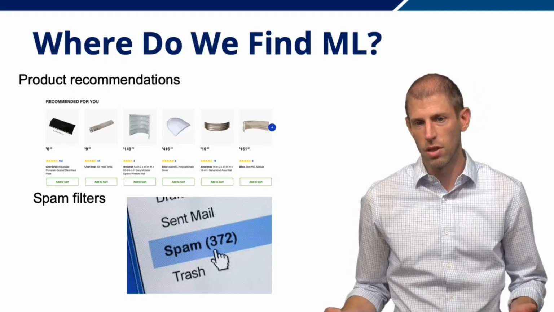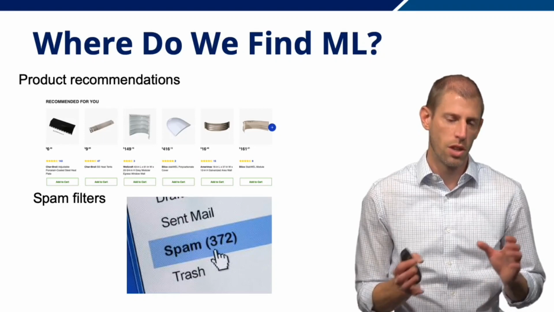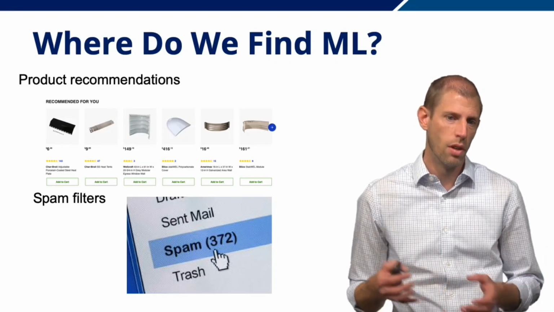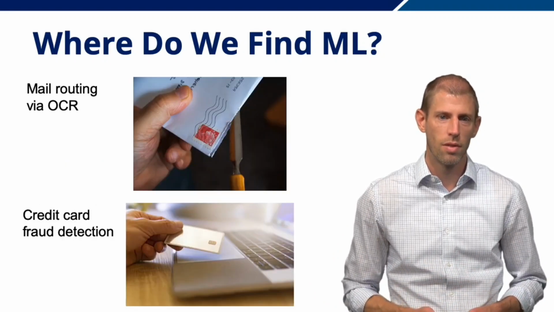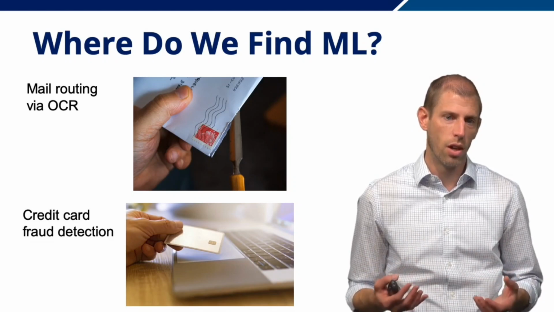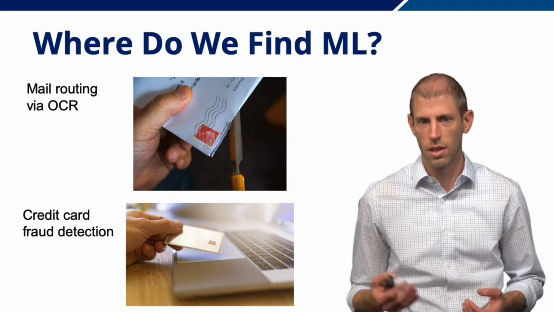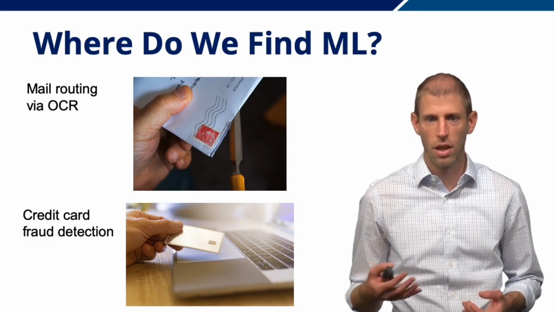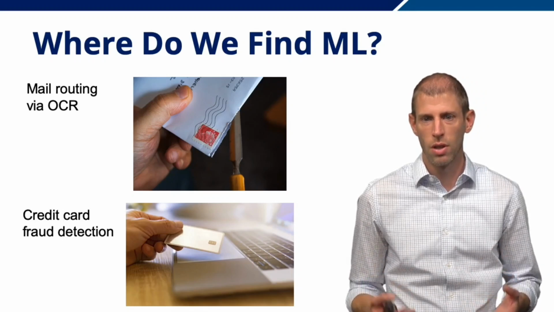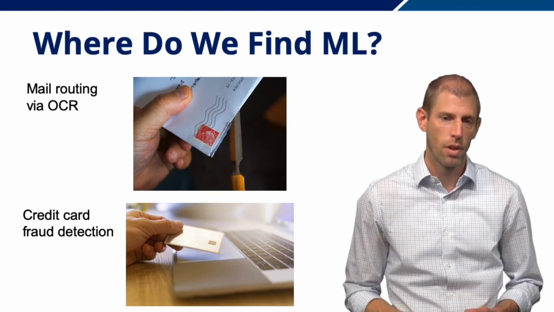Another example of machine learning in our world today is spam filters for our email clients, which are able to distinguish between real messages which we receive versus spam messages. The routing of mail to us at home is accomplished through the use of machine learning via what's called optical character recognition to recognize digits as well as handwritten letters and words on envelopes and help the Postal Service get our mail to us at home.